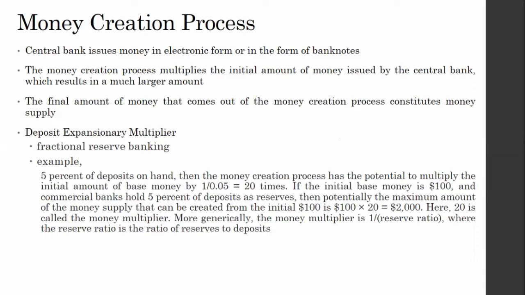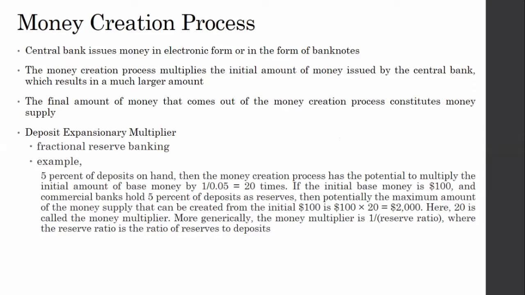So this process is likely to continue since individuals or firms will keep cash on hand only up to a certain level. Why? Normally, we do not keep all our money in our hand. We will invest somewhere, right? Deposit it somewhere.